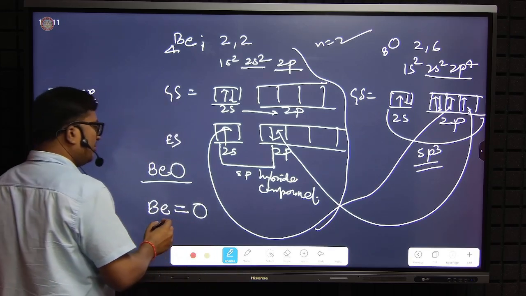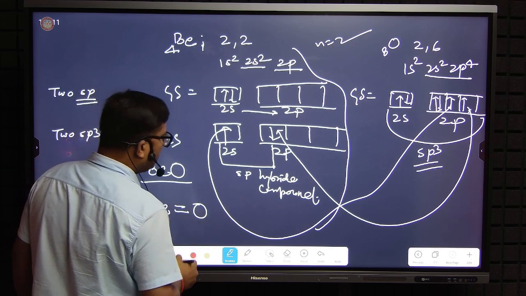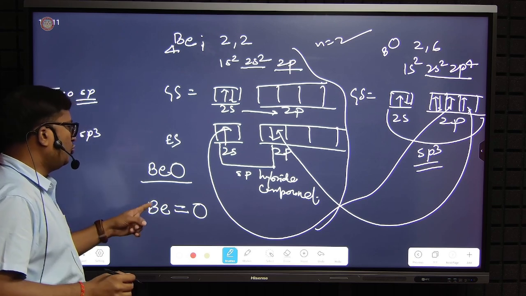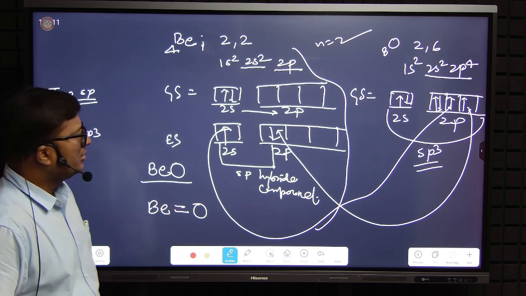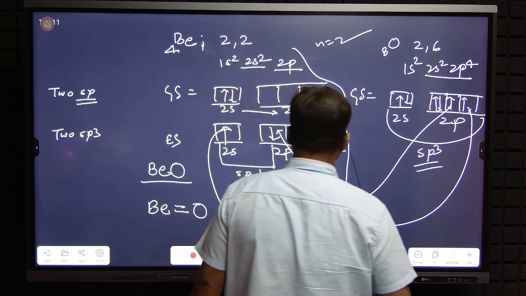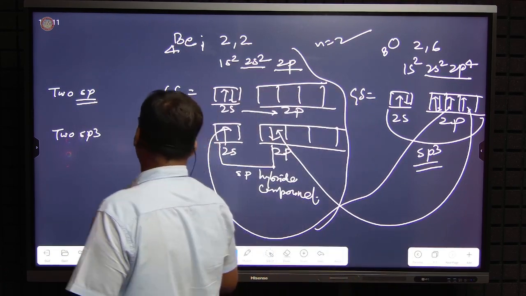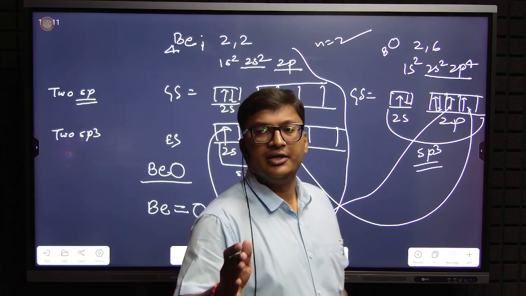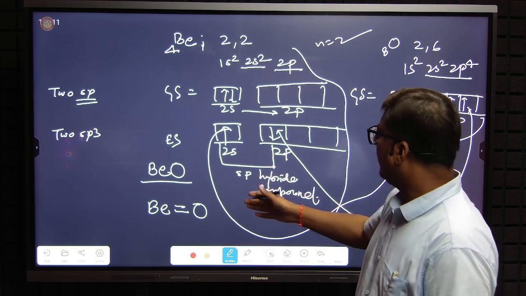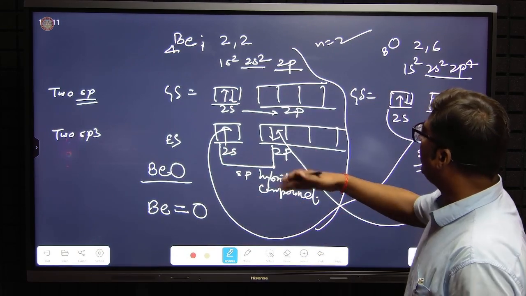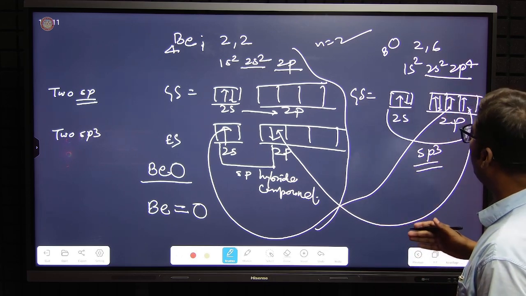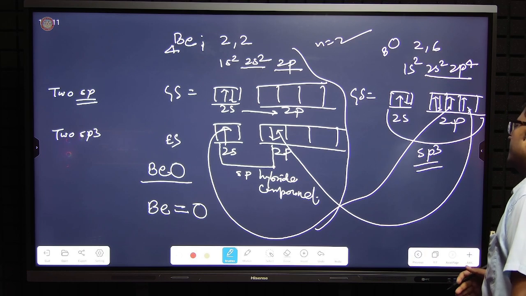Because of the presence of two double bonds and the 2 plus and 2 minus charge, beryllium oxide is not purely ionic, rather it is covalent in character. Similarly, magnesium oxide possesses some covalent character, right.